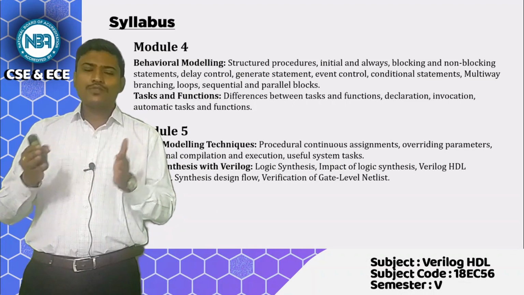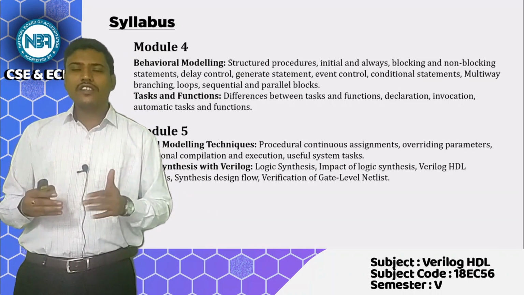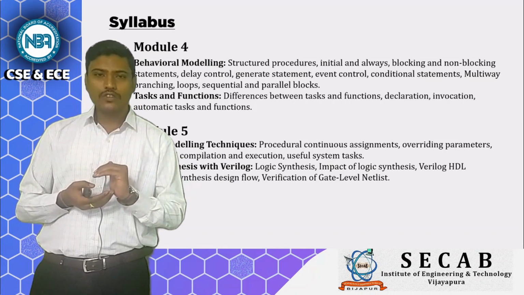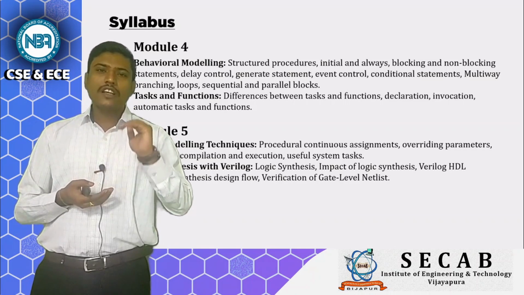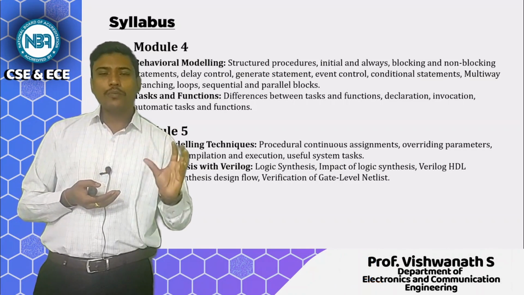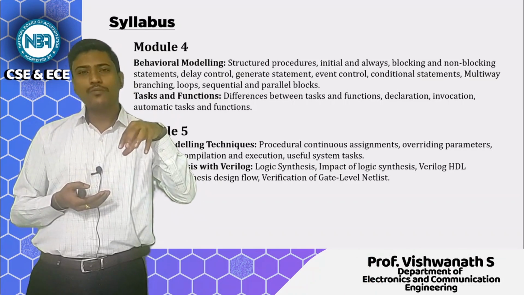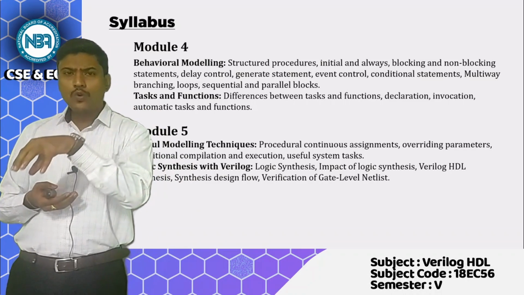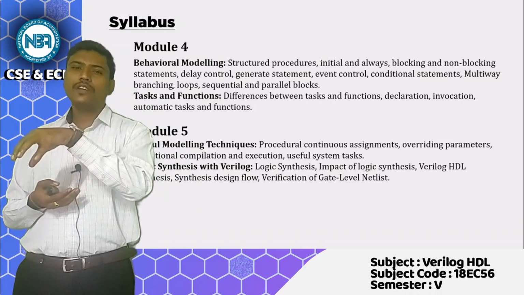So when it comes to any design in industry, there will be cost optimization. We need to reduce the cost for that particular design. So when I need to reduce the cost, I need to pick an FPGA with fewer logical elements, and the code which I have written should fit within that.